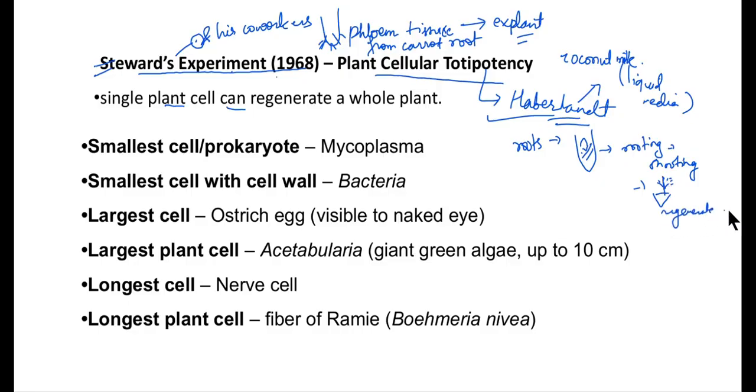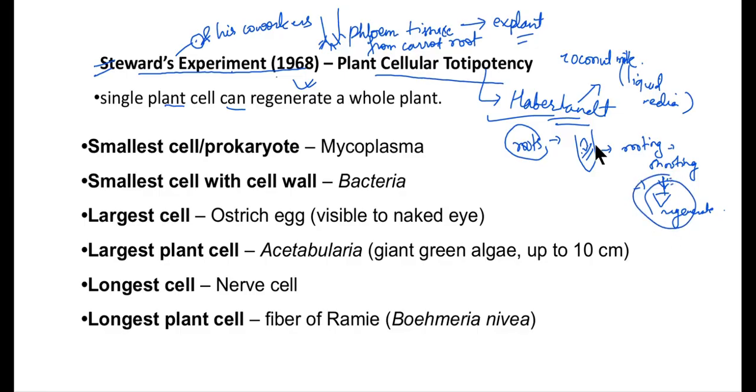In this way Stewart's experiment experimentally proved the phenomenon of cellular totipotency, that is, a single cell gives rise to the whole plant.